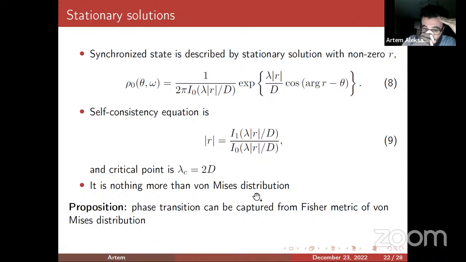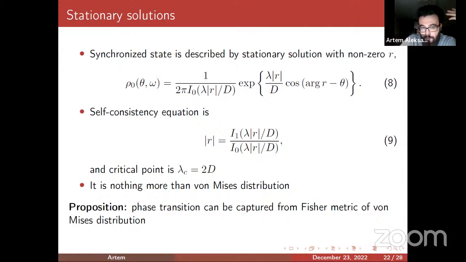The von Mises distribution is a compact distribution. It is a wrapped distribution on the unit circle. It is well known in the probability community, and we can capture the phase transition from the Fisher metric of the von Mises distribution.